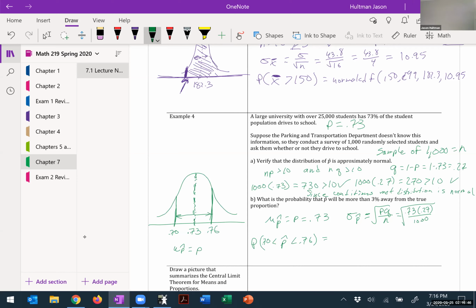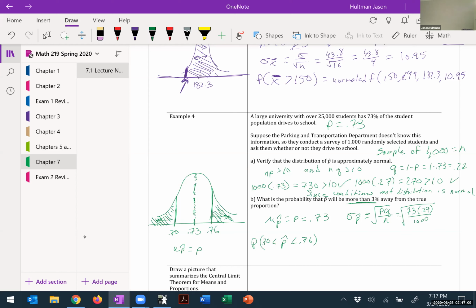Oops. I think I wrote this backwards. The standard deviation is fine, but it says that it will be more than 3% away, and I read it backwards, sorry. We want more than 3% away, so it's these outer areas that I'm looking for.